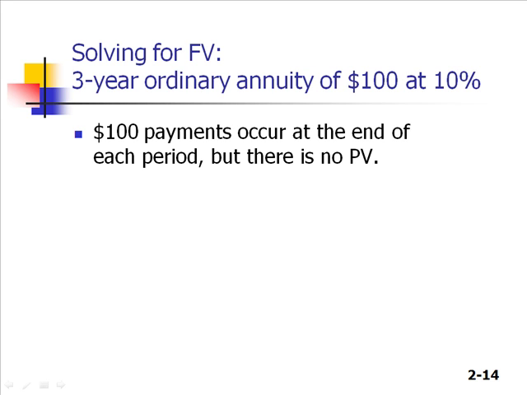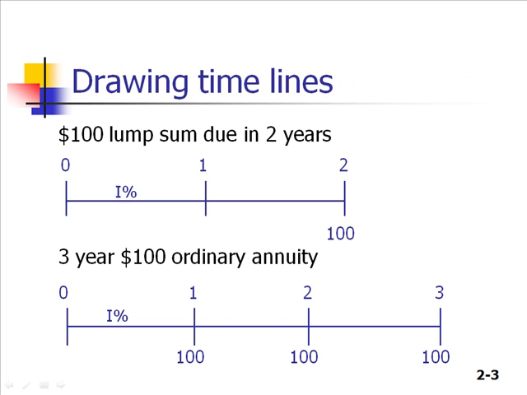Well, I want to back up to a previous slide because this is actually illustrated on one of our timelines. If you'll take a look at this timeline, this actually is a 3-year $100 ordinary annuity. Now notice that there are 3 separate payments of $100 per year that is received by the person who owns it. So how do we find its future value?